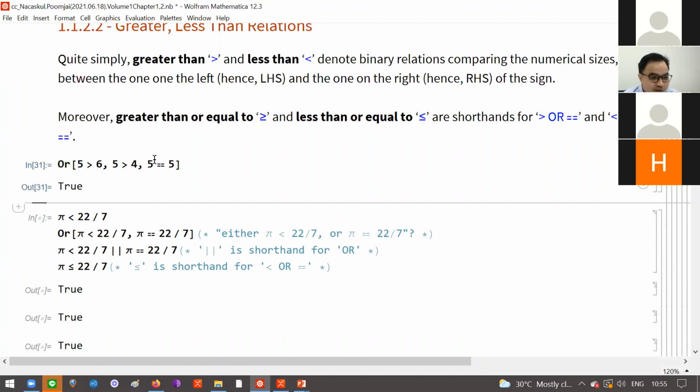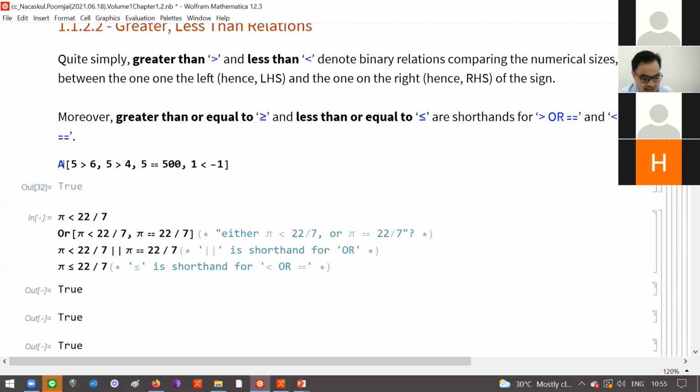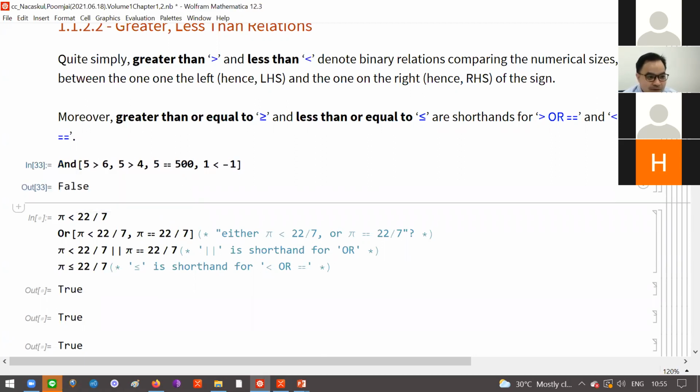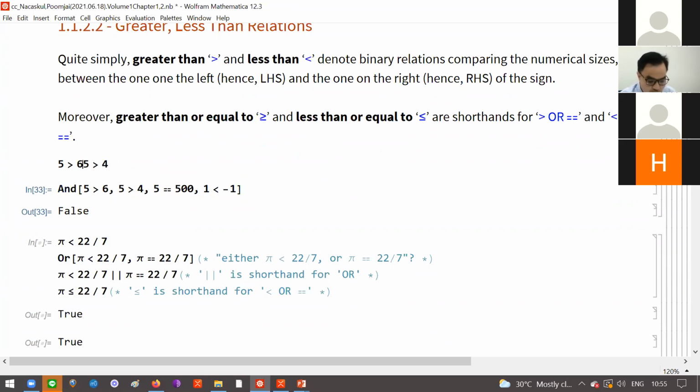Let me see if I can put in more. So you can put in all kinds of things. 7 less 1 is less than minus 1. All this is nonsense, but because there's only one true here, this will return true. But if I did this, it becomes false. Now another way of writing this, but I don't want you to worry about it too much, is to say or.